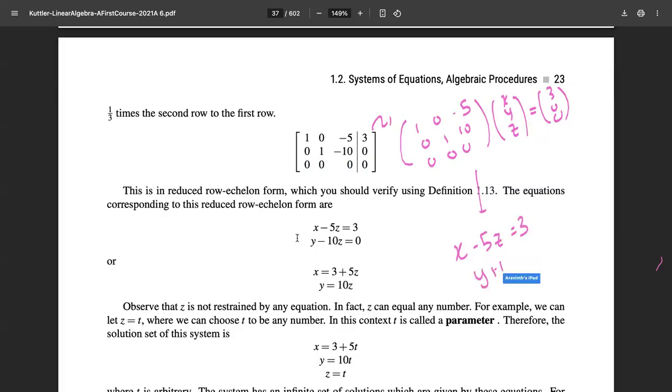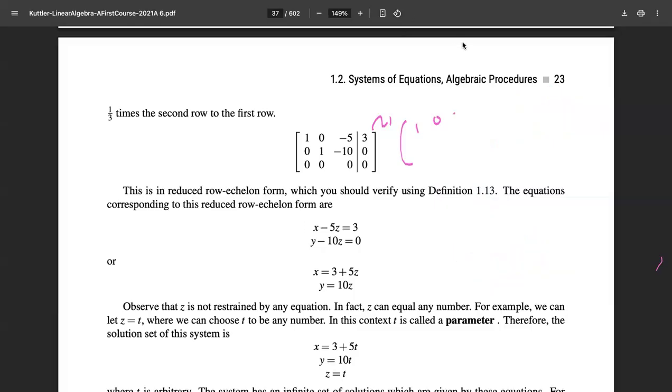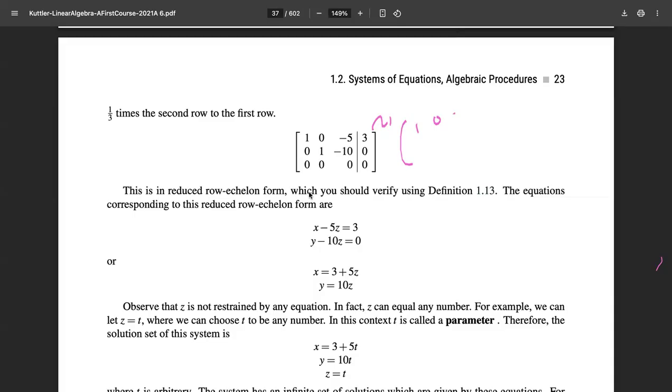Then this is all 0 and this is 0. So 0 times x plus 0 times y plus 0 times z is equal to 0. That gives us all zeros.